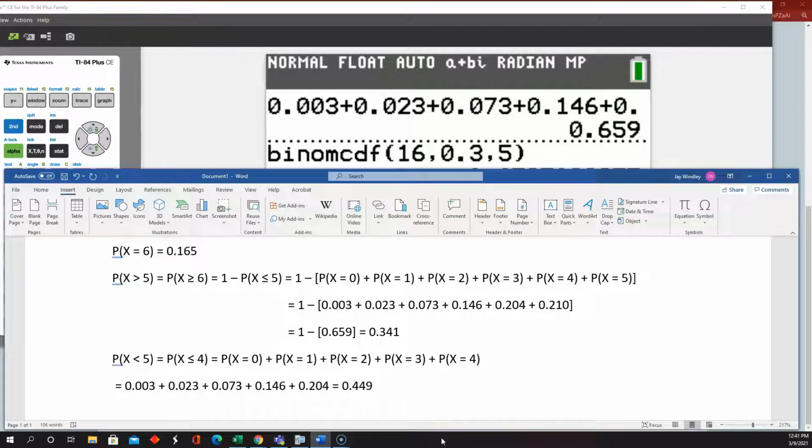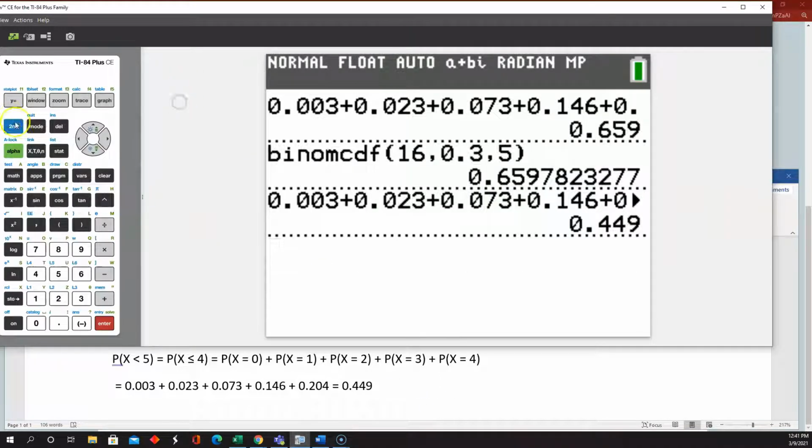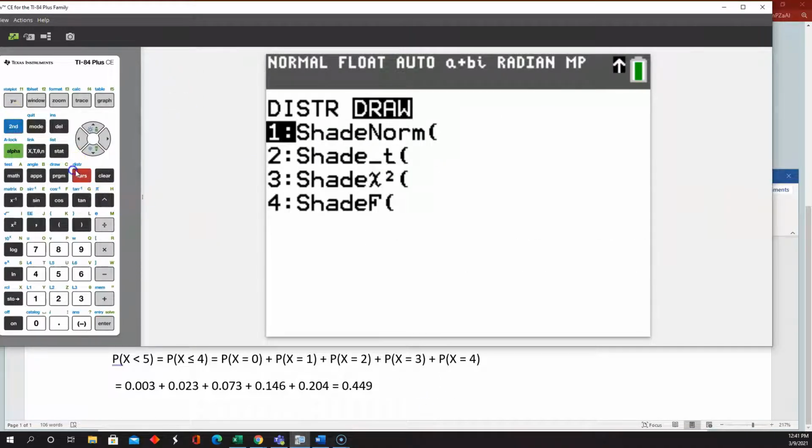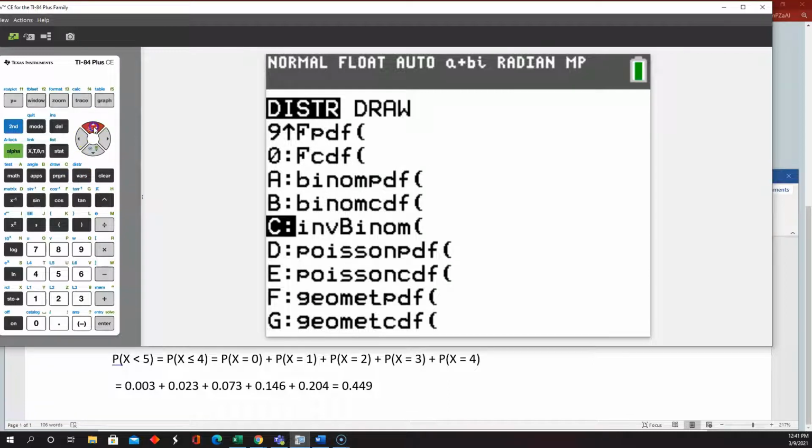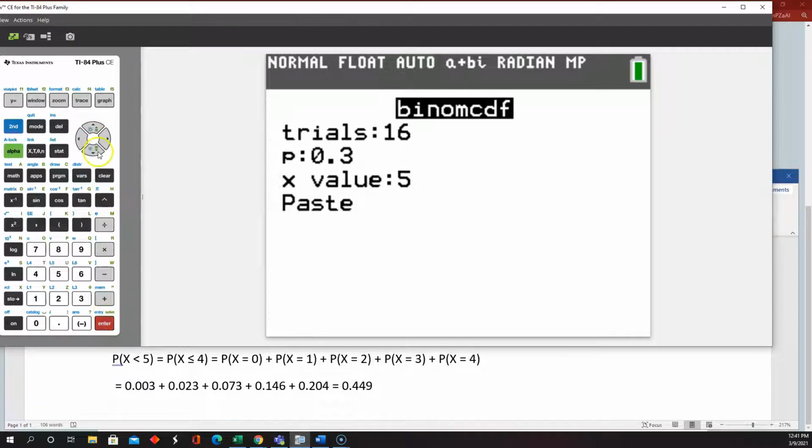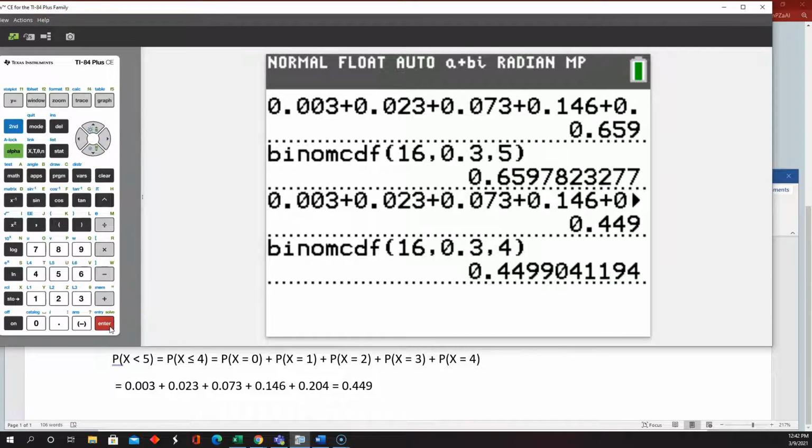But also, I could have got that by using binomial CDF, second vars, binomial CDF, 16 trials, probability of success 0.3, and an x value of 4. This will give us all the probability up to and including 4, and there's 0.449 again.